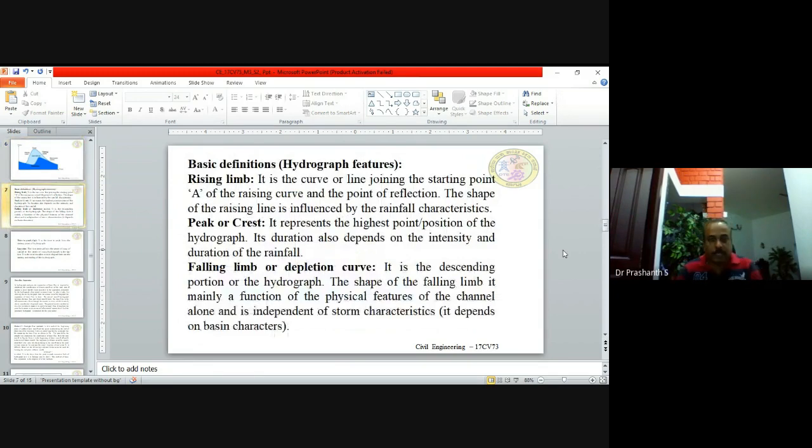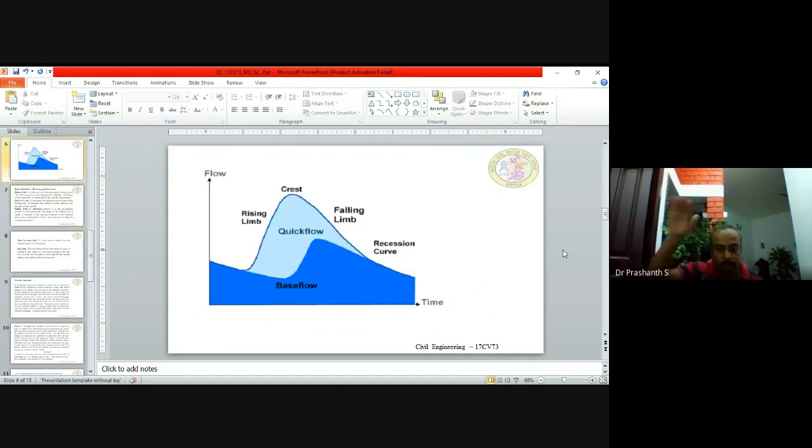It is the curve or line joining the starting point A of the rising curve and the point of inflection. The shape of the rising limb is influenced by the rainfall characteristics. As time goes, the flow also moves up.